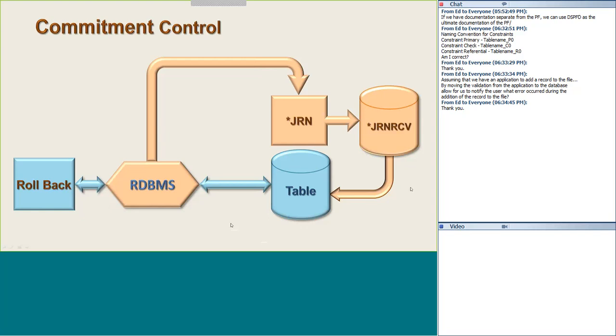I.e., this extra leg here of rolling back the change only happens if something goes wrong and a rollback is requested, which is different from a lot of journaling systems. Other journaling systems tend to update the record but don't apply it to the database.